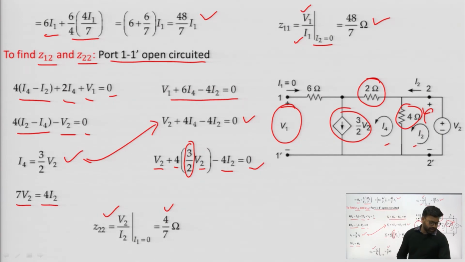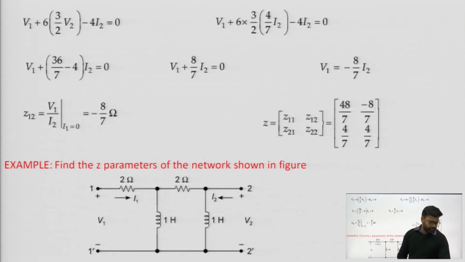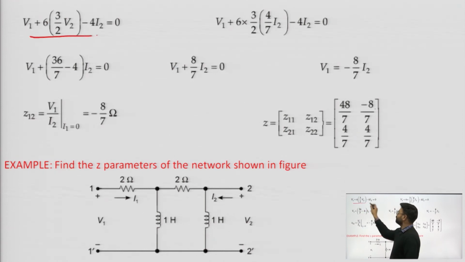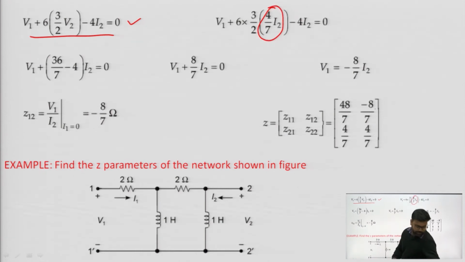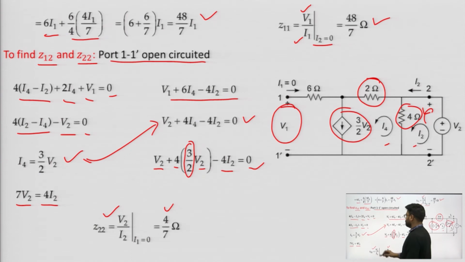Now, we are left with one parameter, that is Z12; we need the ratio of V1 and I2. So, this was the equation that we have obtained: V1 plus 6 into (3 by 2 V2 minus I2) equals to 0, and we have seen that V2 equals to 4 by 7 I2.